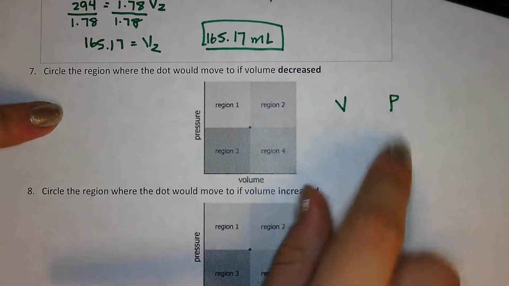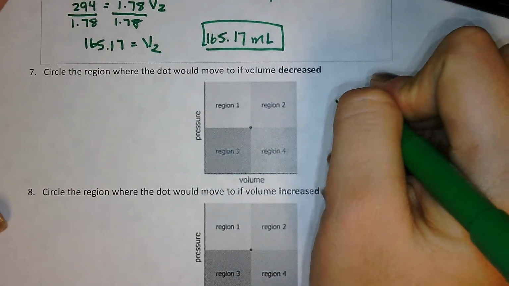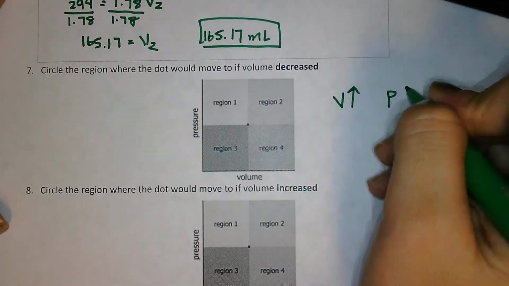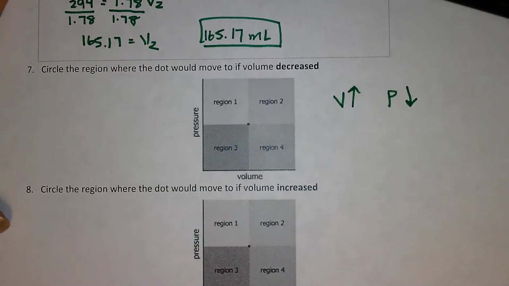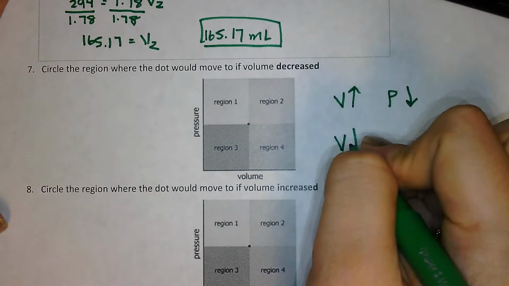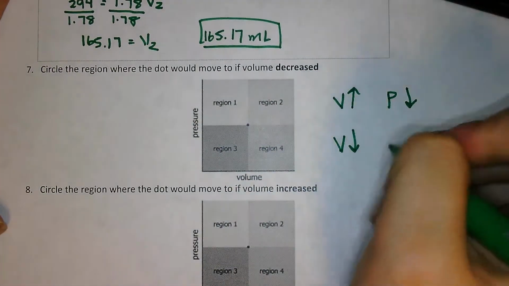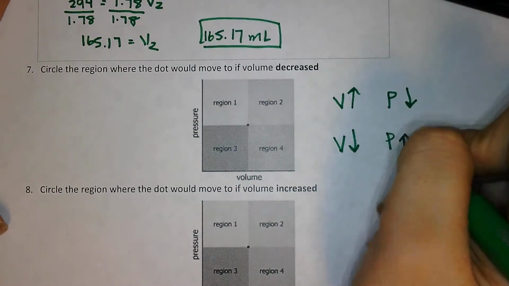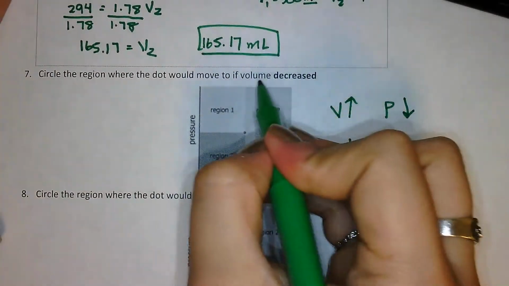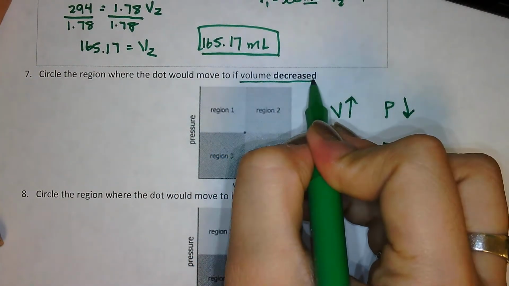What that means is if volume increases, pressure is going to do the opposite. It's going to decrease. If volume decreases, pressure is going to do the opposite. It's going to increase.